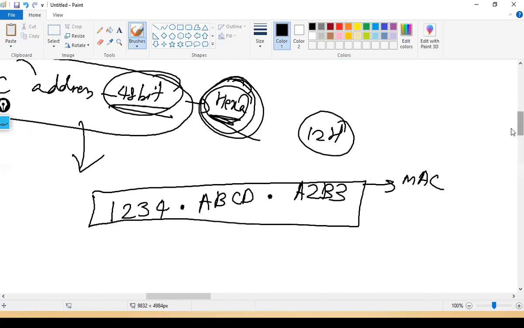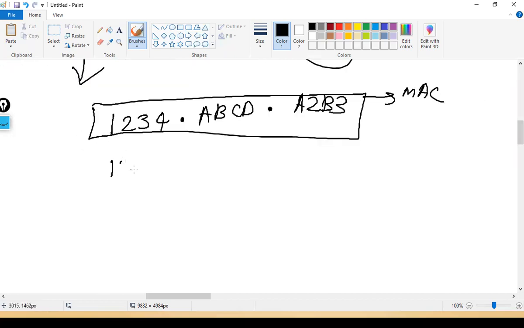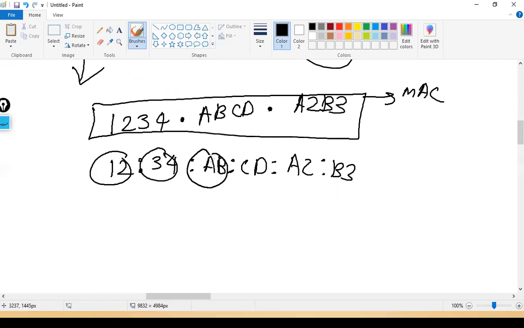Now, in some places you can see it like this: 12:34:AB:CD:A2:B3. Like that also you can write. So you can group it into two hexadecimal values. But we'll be representing it like this: 1234.abcd.a2b3. Clear?